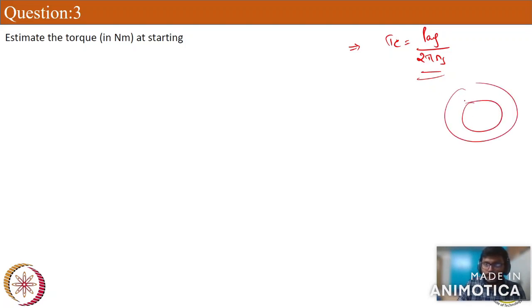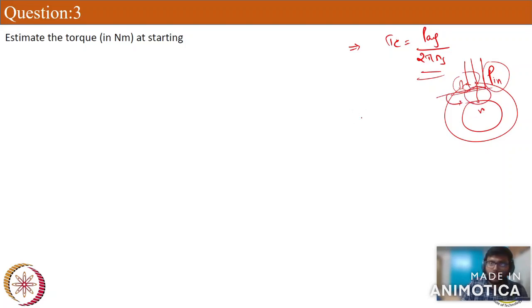If I simply want to say, let's say this is the stator and this is the rotor, and there is an air gap in between. Now to the stator we are giving the supply. Whatever power is given to the stator, after supplying the stator copper losses, whatever power is left, that is the air gap power, right? After supplying the stator, the power will enter the air gap, so the power in this air gap is the air gap power.